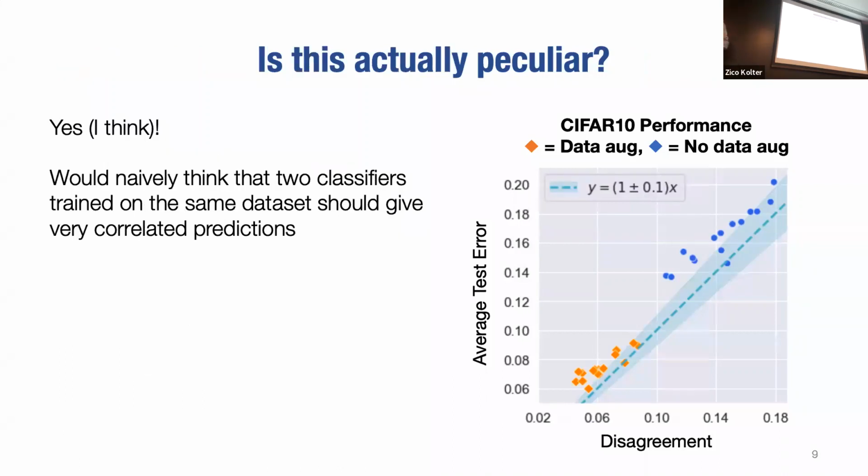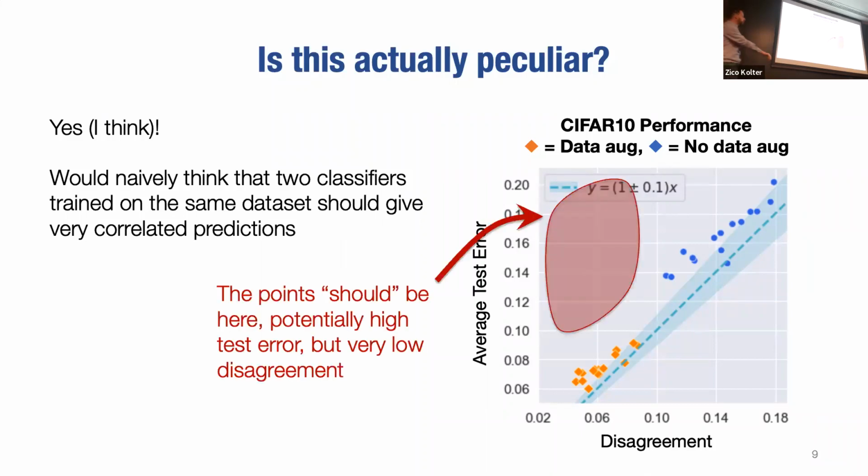And I think it is, because I would naively think that if I train two classifiers on the exact same data, they should be very heavily correlated in their predictions. You would think so, right? They're the same classifiers, the same data you trained them on. You just initialize them differently with different random seeds. We should be able to have a whole bunch of points here, right?